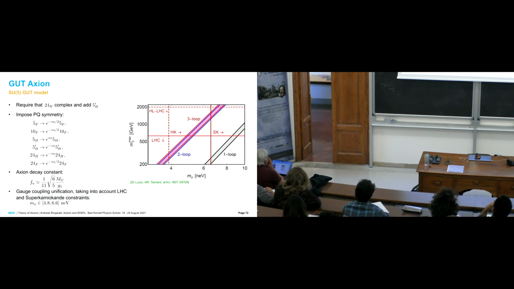Then we started to work on that, imposing this Peccei-Quinn symmetry on the model. Again, you can calculate the axion decay constant in the model, and then from gauge coupling unification, taking into account the LHC constraints on the triplet on the one hand, and on the proton decay on the other hand, one has a much smaller range in axion masses where one could look.